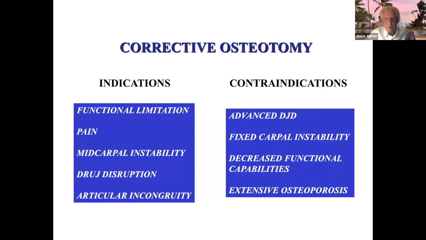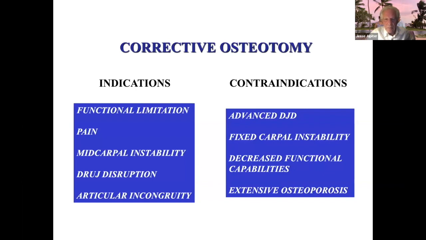Fixed carpal instabilities is important to recognize that if the patient's problem is motion, not so much pain, not so much deformity, and they have a fixed carpal instability, they probably won't gain motion if there's been an intercarpal ligament problem. So sometimes you need to sort that out.